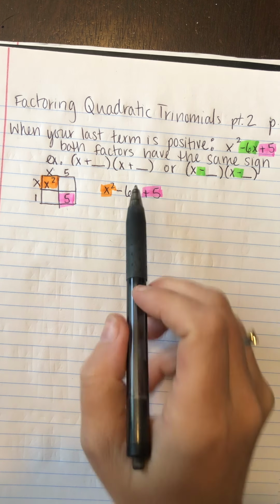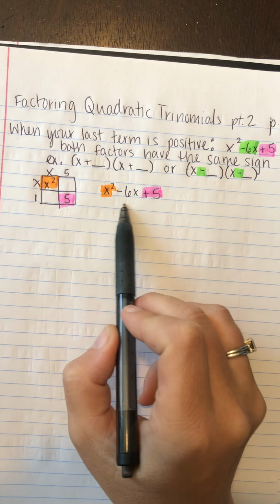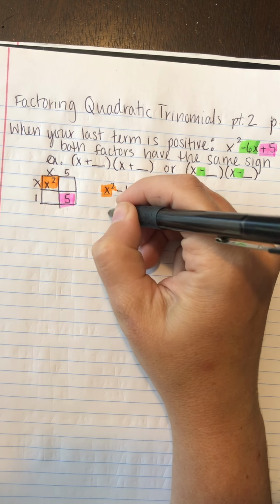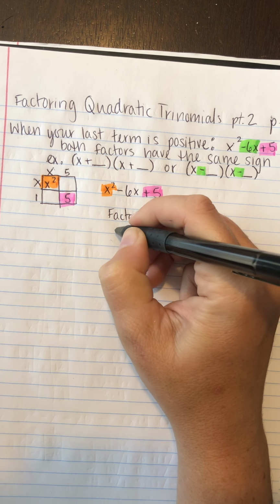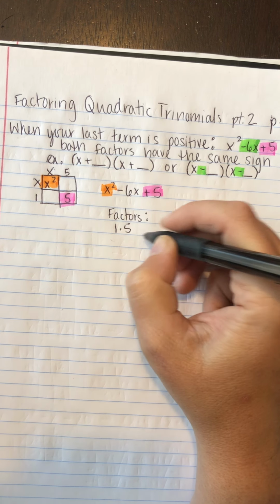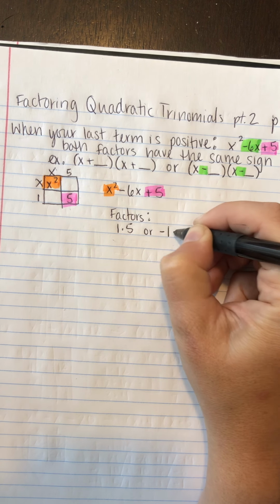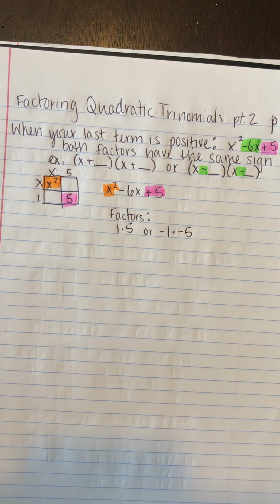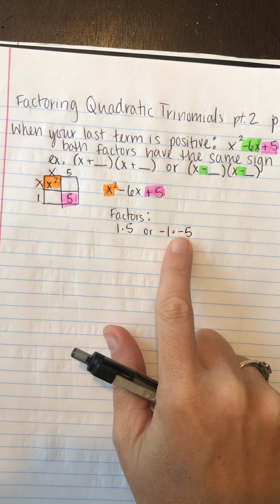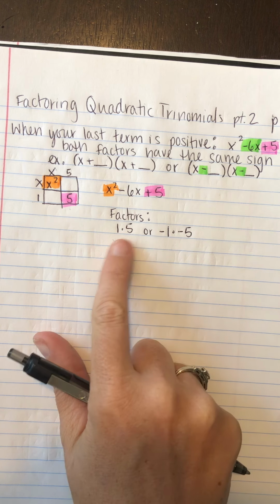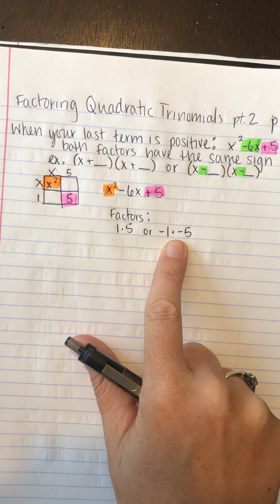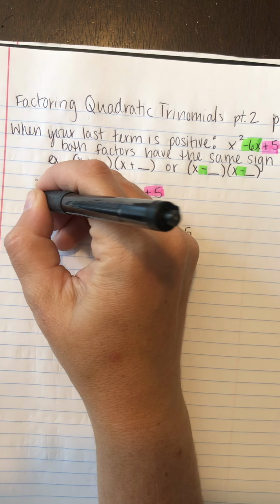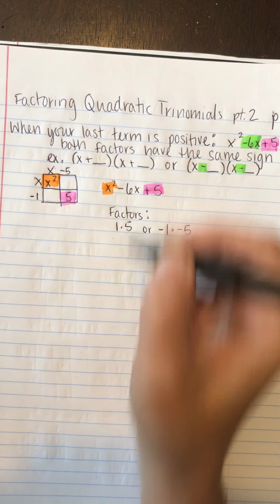But the tricky thing is we have to get them to add up to -6. So really, our factors of 5 are 1 times 5 or -1 times -5. That's both going to give us 5. All right. So we want to use the sum that's going to give us -6. So this sum gives us positive 6. This sum gives us -6. So that's the one that we want to use. So we have to say that this is a -1 and a -5.